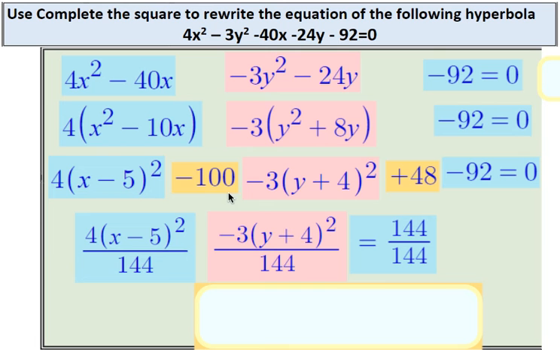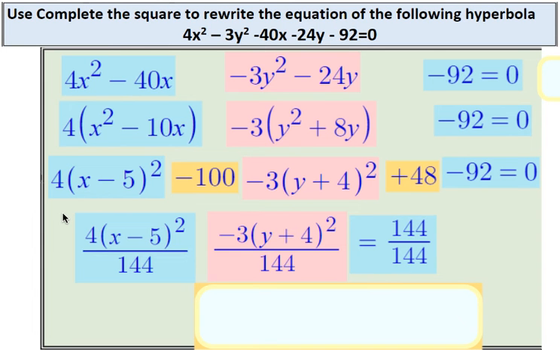All I did was put all the constants together. Negative 100 and negative 92 is negative 192. When I add the 48, I have negative 144. And so in order to get the constant on the other side, I add 144 to both sides. And that's why I'm dividing everything by 144.